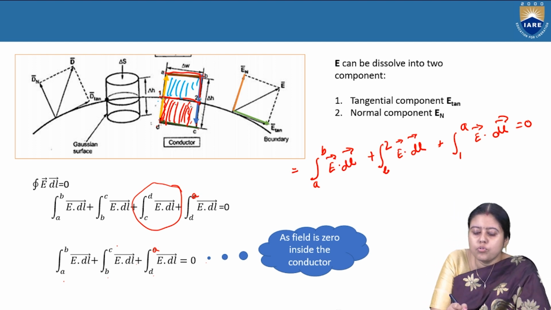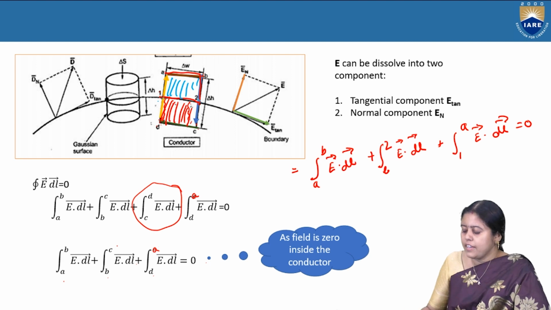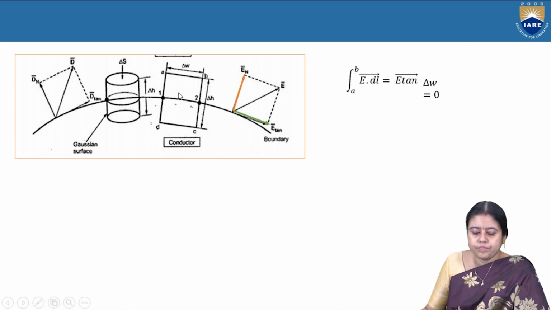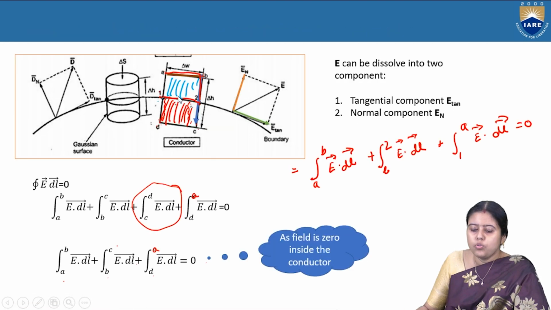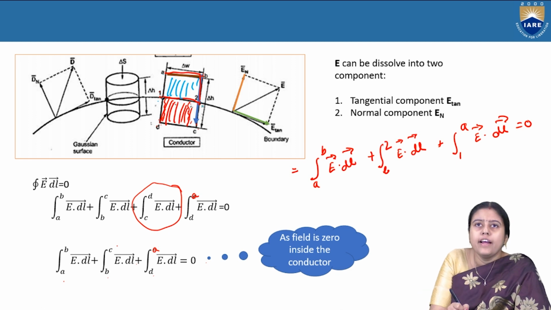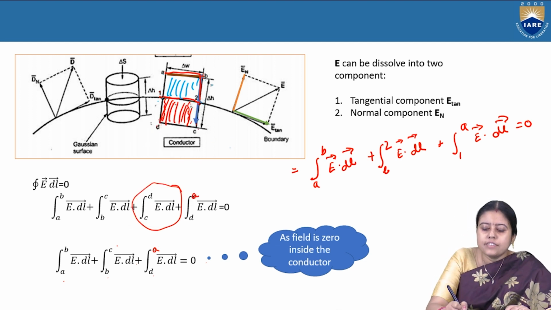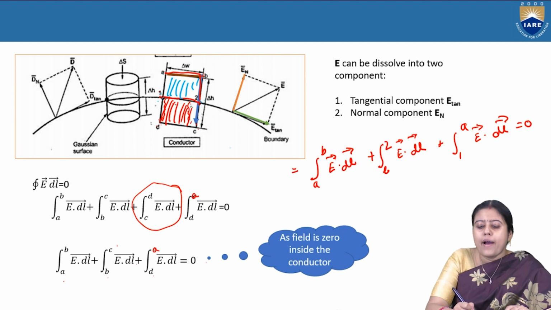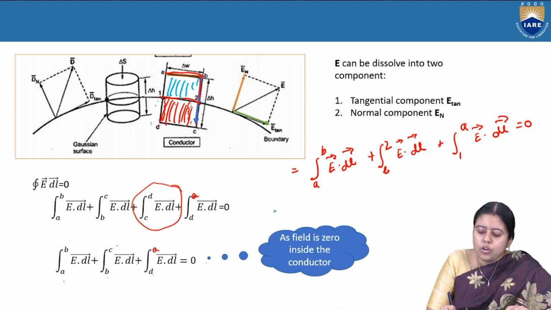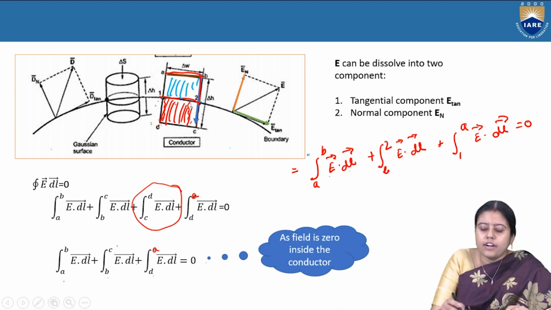Now what is 2 to B? 2 to B is nothing but delta H by 2, because if the total is H, and this is the midpoint, it is delta H by 2, and if this is the H direction, it will be minus delta H by 2. So we can write E dot DL is equal to delta W.